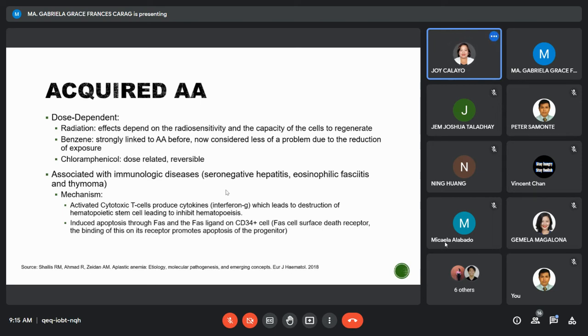So in the apoptosis of a CD34 positive cell, you mentioned earlier that CD34 is a surface antigen, right? Present on which cell again? In hematopoietic stem cells, ma'am. Okay, so you have the CD34 positive HSC, and you have the ligand, which is FAS.